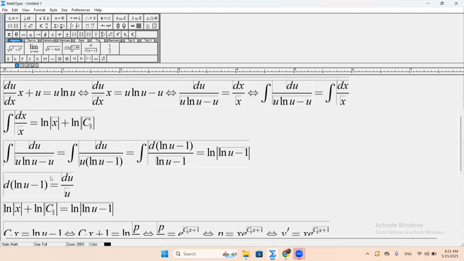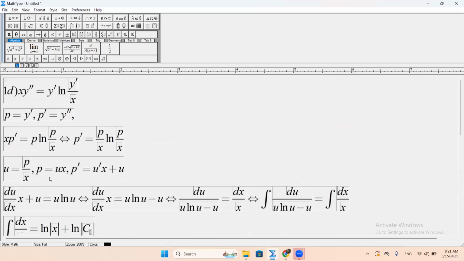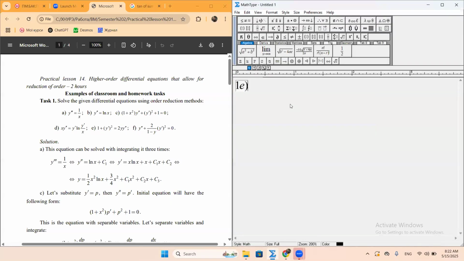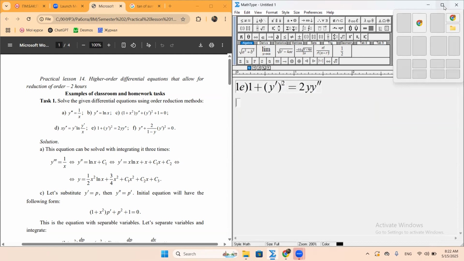Okay, if no questions, let's move to the next differential equation. So the next exercise, and we have the following differential equation: y times (1 plus y prime squared) equals y double prime.